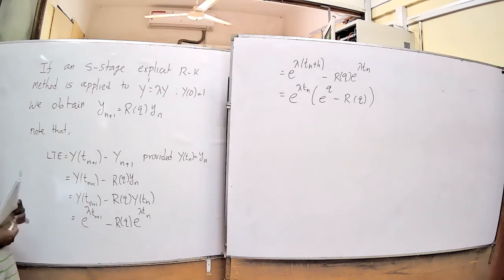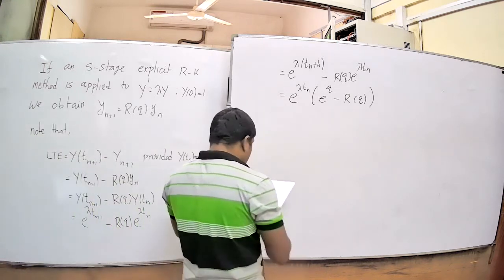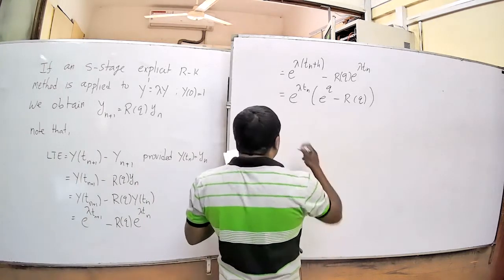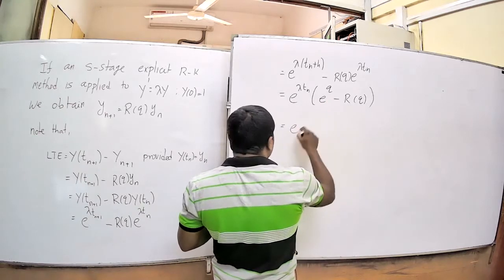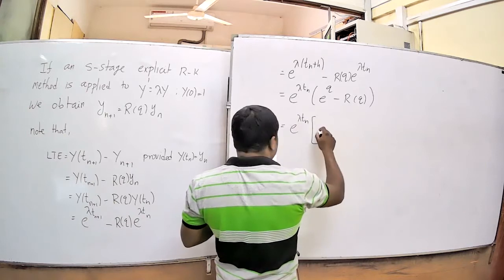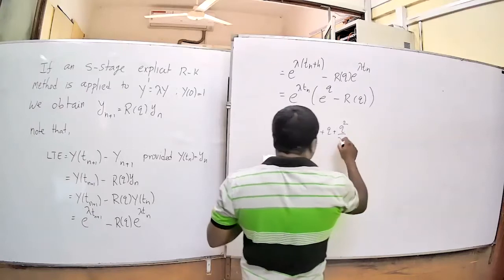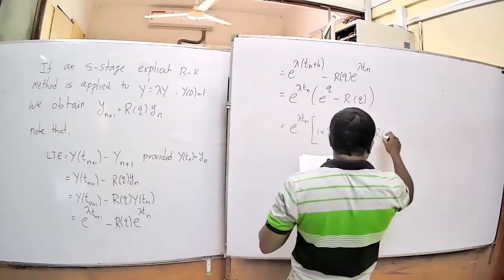Okay, so again, you do the expansion for e to the power q, so you will end up with this. Let me say 1 plus q plus q squared over 2 factorial and all the way, minus R of q.